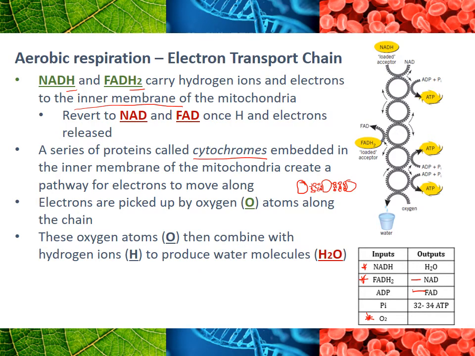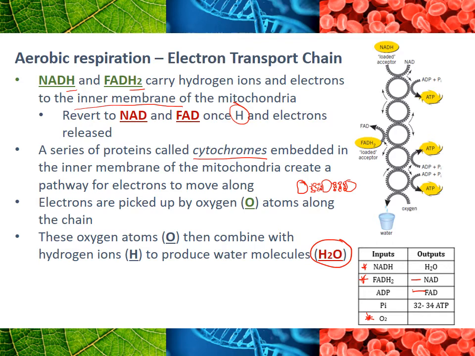You don't need to know too much about the chemistry around that, but unstable molecules bind with things easily. So the oxygen that has picked up electrons through the chain binds with the hydrogen that came from up here. So the hydrogen that the NADH and FADH2 released binds with the oxygen to produce H2O, produce water.